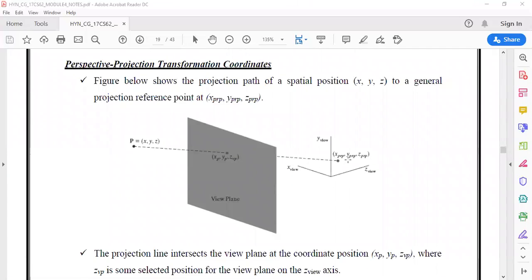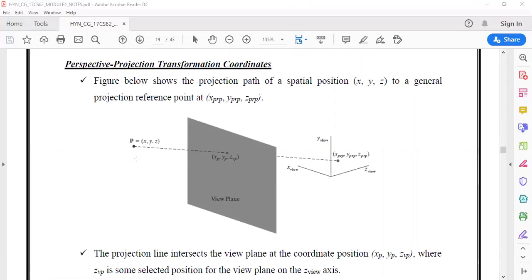So this projection reference point has coordinates XPRP. XPRP stands for X projection reference point, Y projection reference point, and Z projection reference point. As you can see here, the projection reference coordinates are X projection reference point, Y projection reference point, and Z projection reference point.